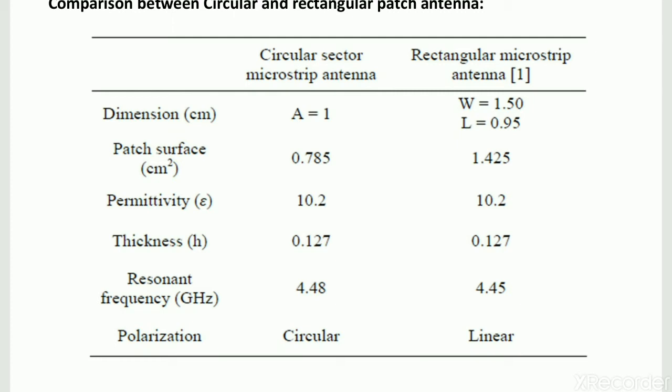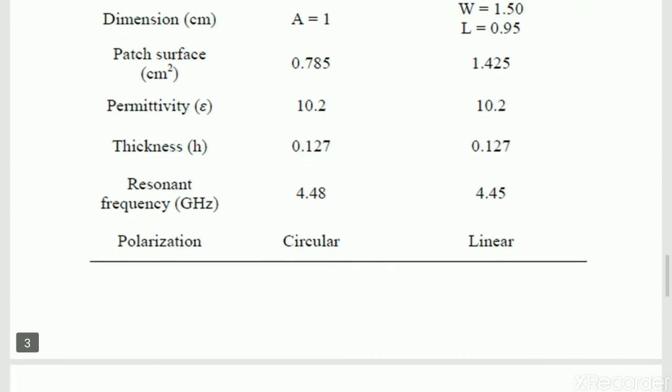The circular microstrip antenna possesses circular polarization. The rectangular microstrip antenna possesses linear polarization. So this is the most important comparison between circular and rectangular microstrip patch antennas.